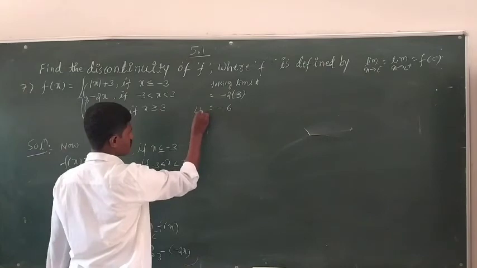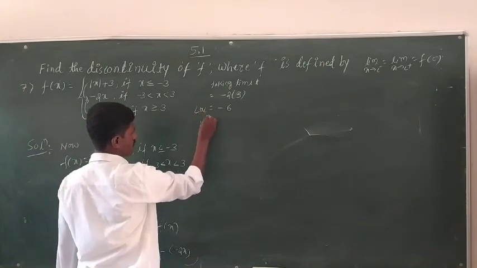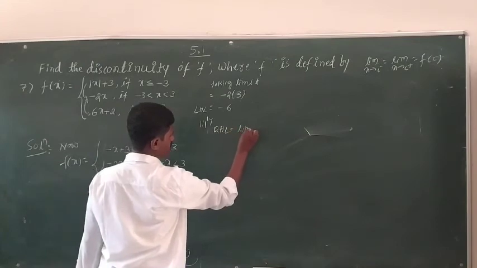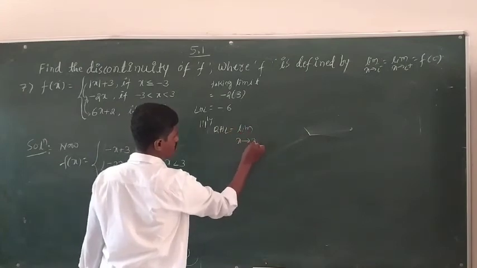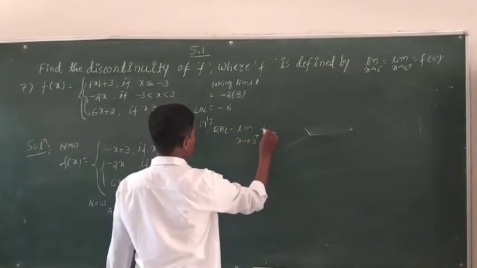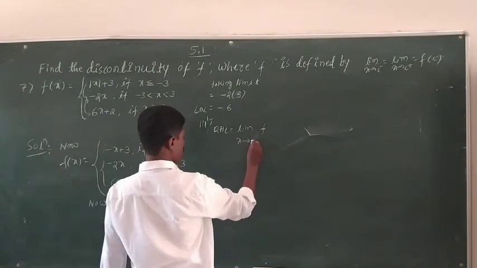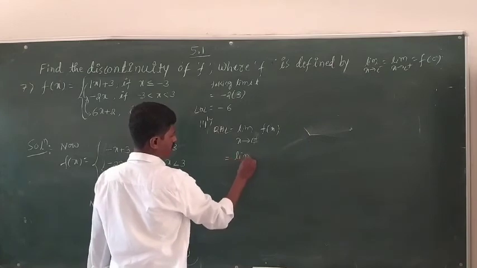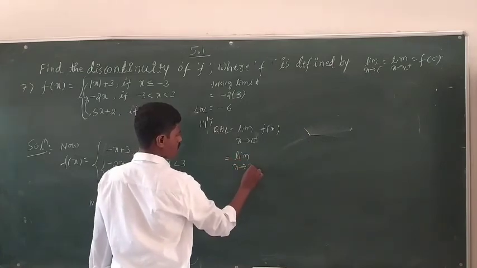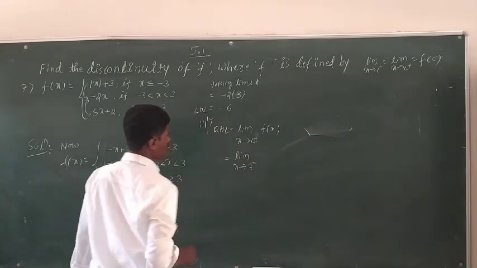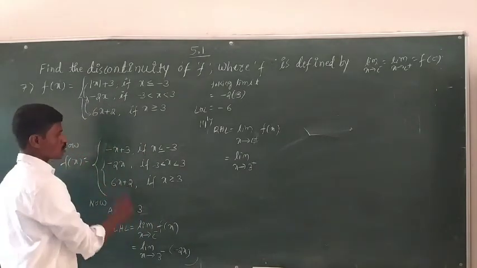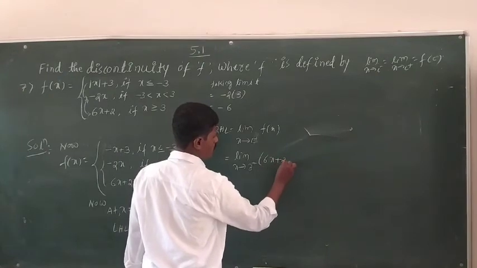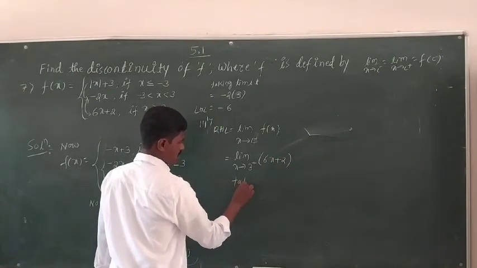This is the LHL. Similarly, the RHL is the limit as x tends to 3 plus of f of x, where the function is 6x plus 2.